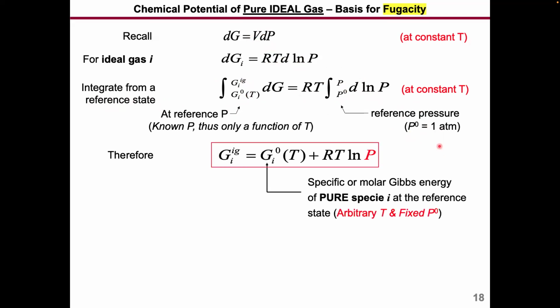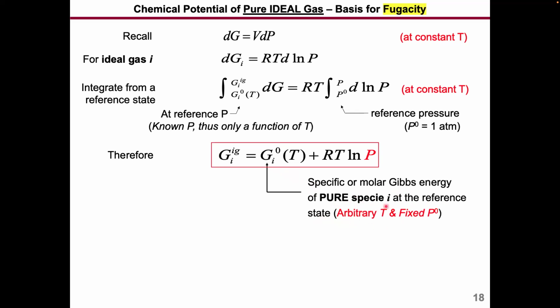Okay, and then what you will get is that Gi^ig is going to be just equal to Gi0(T). This is basically the specific or molar Gibbs free energy of pure species i at the reference state.